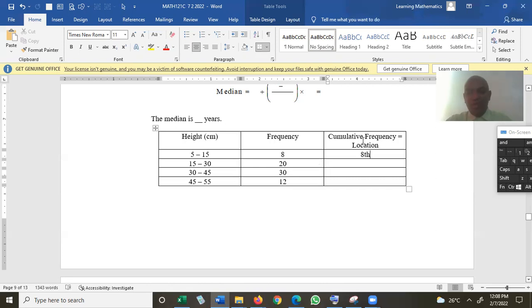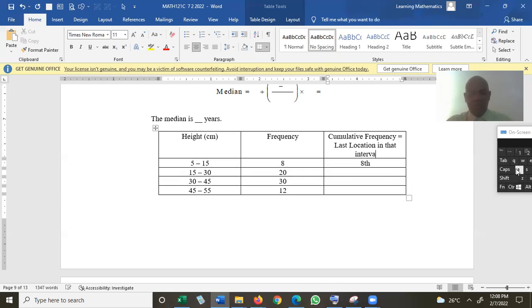The cumulative frequency is the last location. If you want, you can put a little "last" by it, the last location in that interval, just to be specific. It's not just location, it's the last location in that interval.